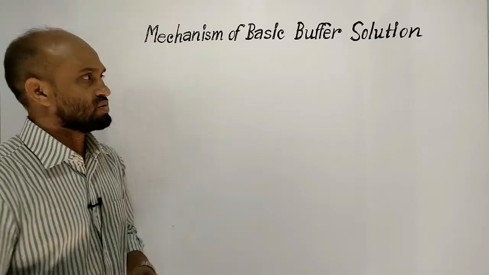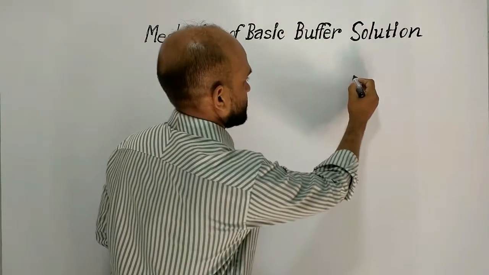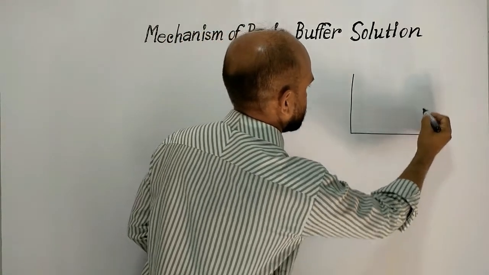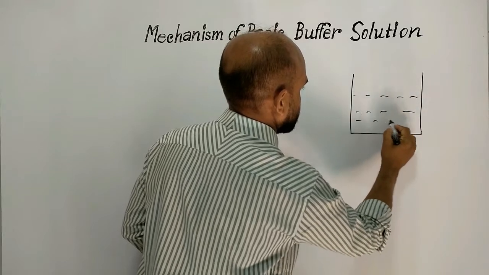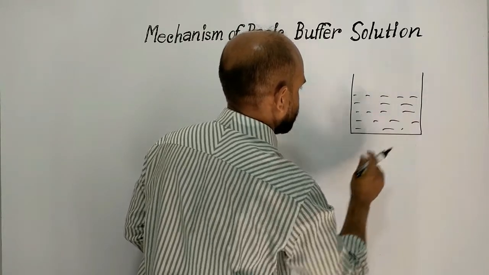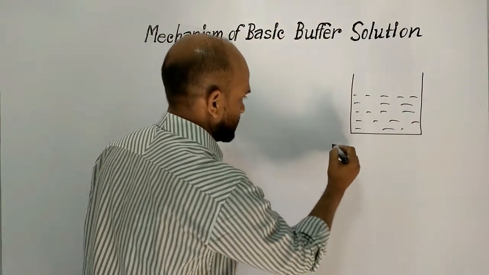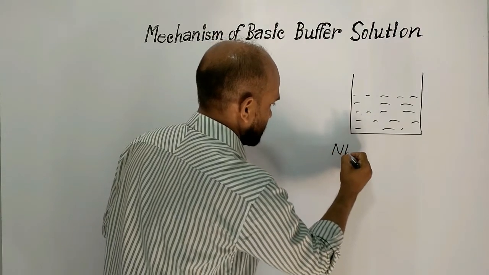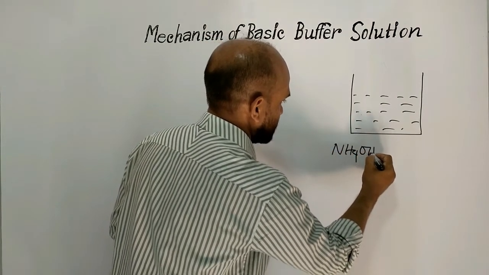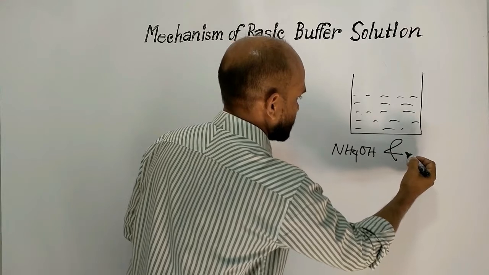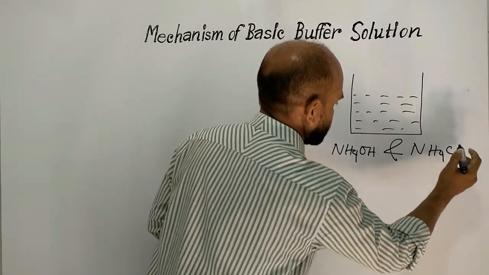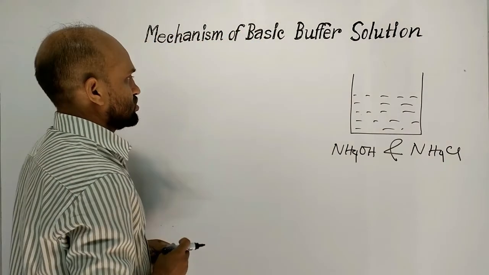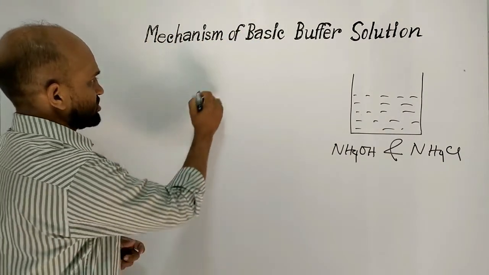Let's write. Basic buffer solution. Base is ammonium hydroxide and its acidic salt ammonium chloride. We know two equations.